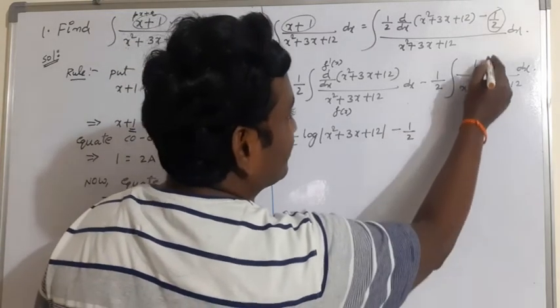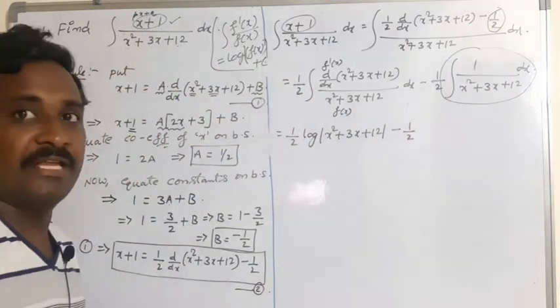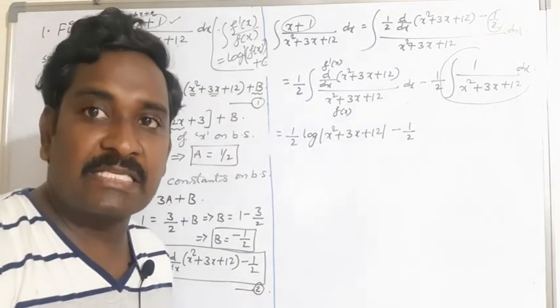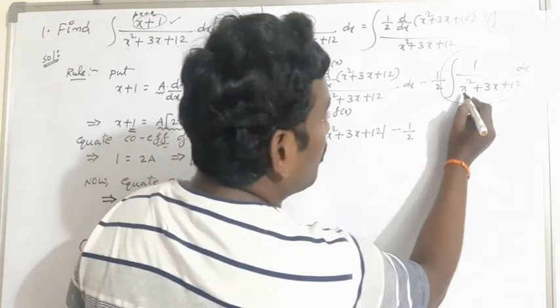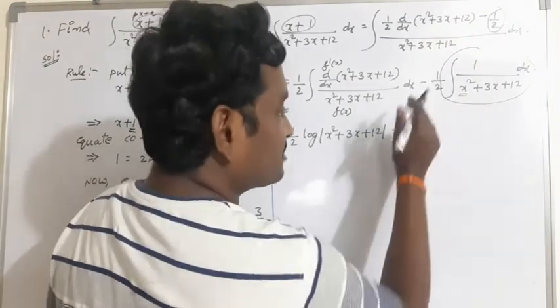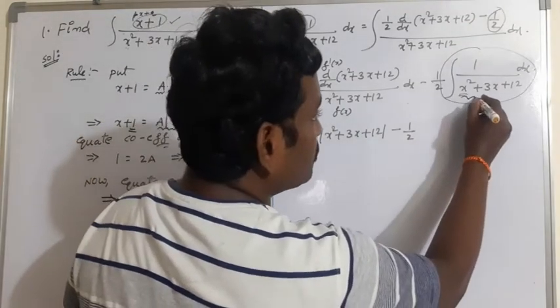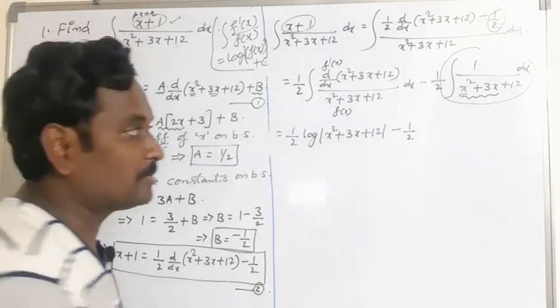What about this one? We are observing that this is in the type 1 form, the integration of 1 by ax square plus bx plus c. In this case we should make the coefficient of x square 1. So the coefficient of x square is already 1, so it is enough to reduce the denominator into the form of a plus b whole square, otherwise a minus b whole square.